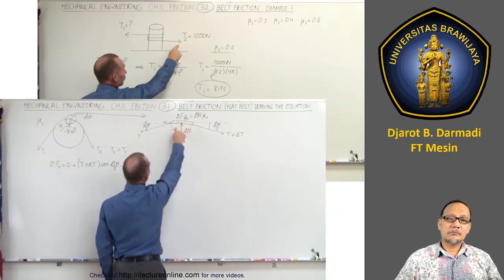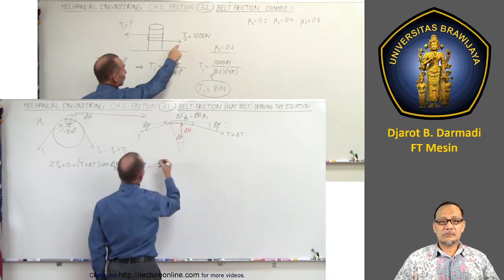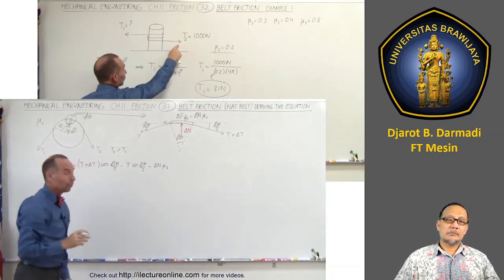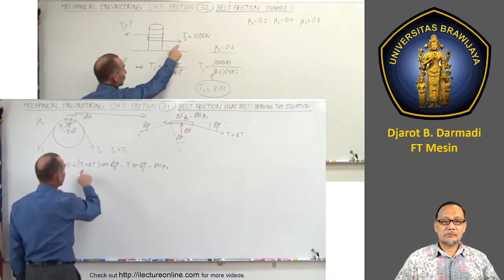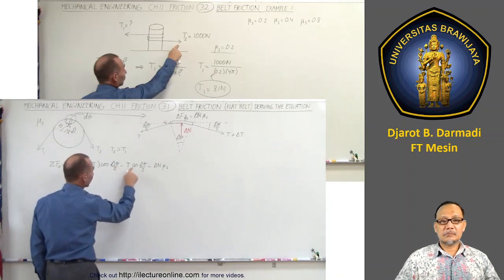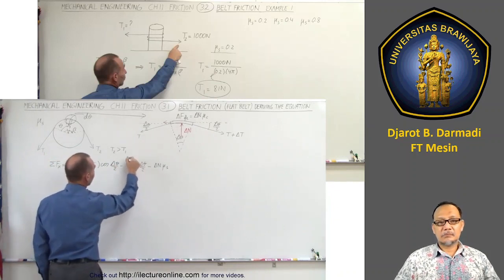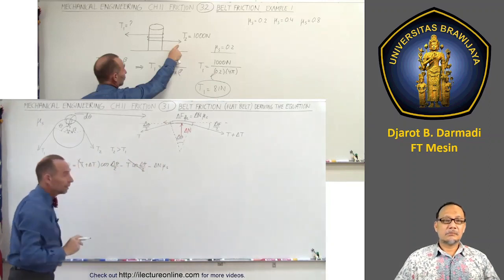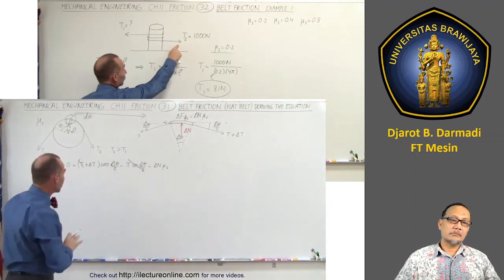And we have the friction force. That would be minus the friction force, which is delta N times mu sub s. And of course, all that adds up to 0. Now right away you can see that if you have a T times a cosine of delta theta over 2 and a minus T times a cosine of delta theta over 2, this will cancel out with this one right there. Now we're going to add up all the forces in the y direction.